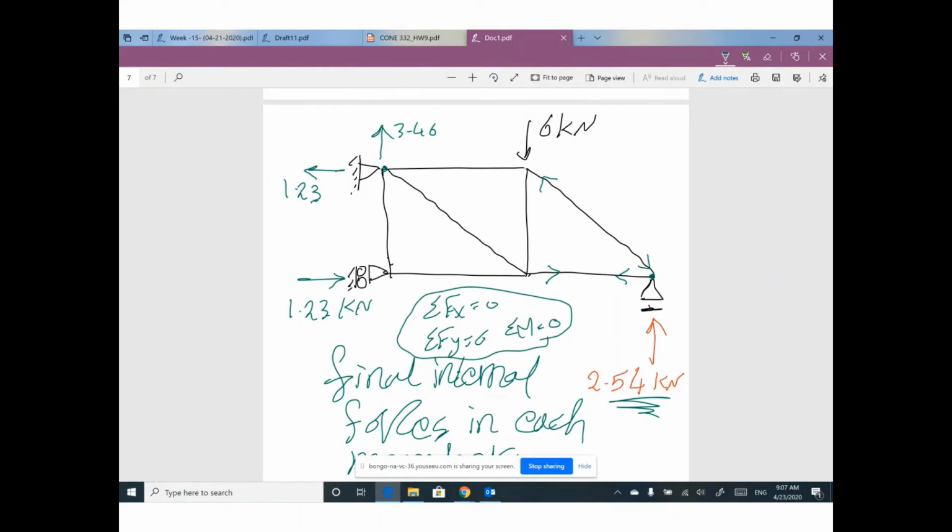Once you get your reaction, go ahead and solve for the internal forces in each member. For example, this one will be in compression. How much? It will be 4.23. This one will be 3.38. Keep going until you get the internal forces in each member.